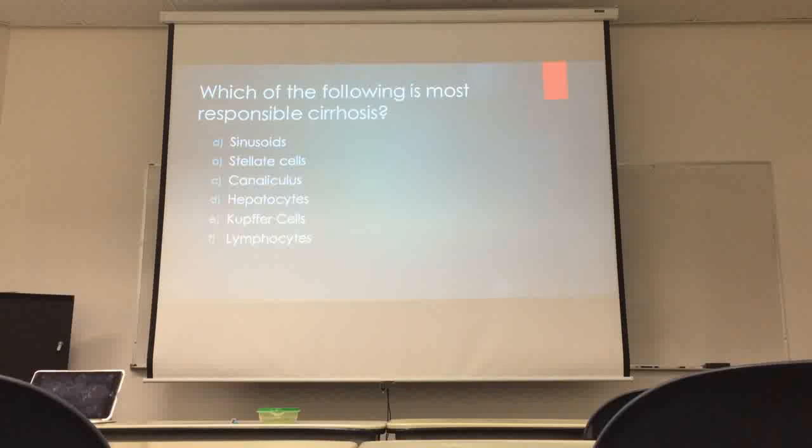What type of disease would that be consistent with? Hemochromatosis. Heme, like blood or iron, and chroma, like the color. Lymphocytes do what lymphocytes do; I guess they might have some involvement in cirrhosis too.